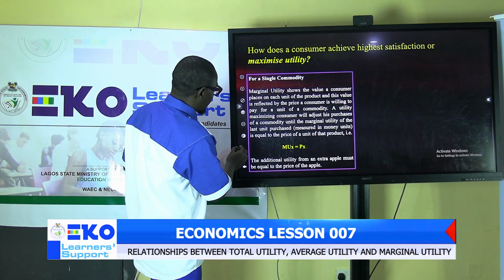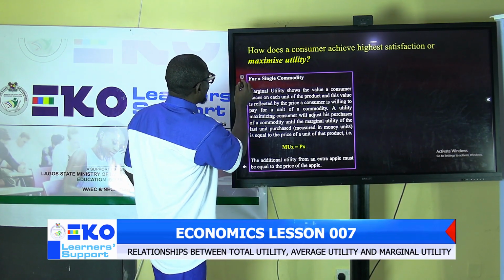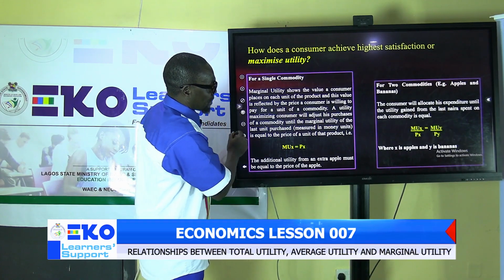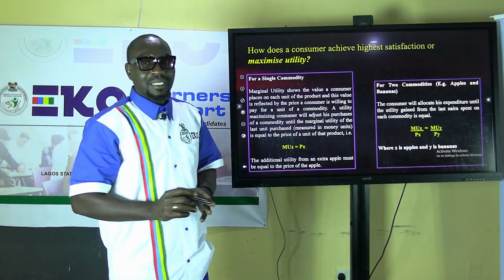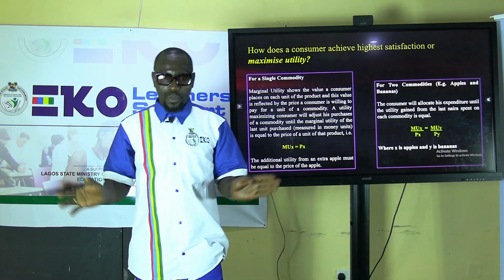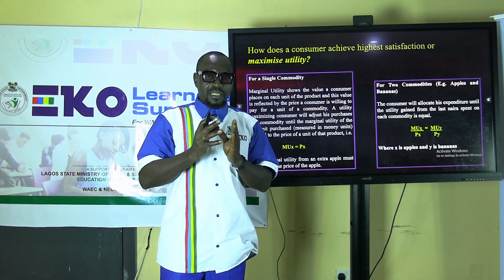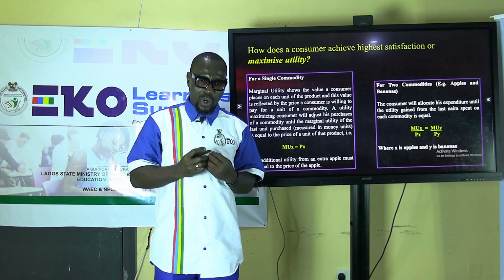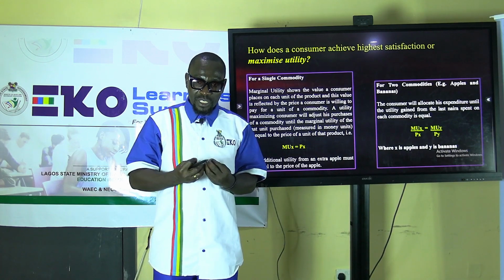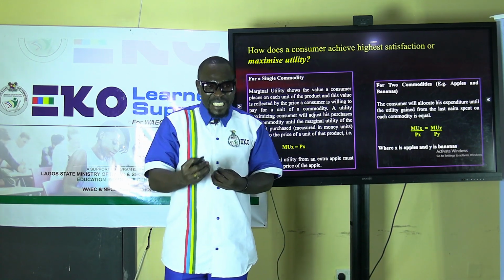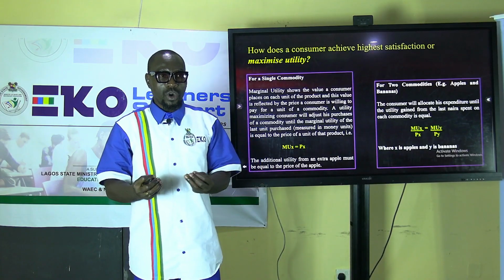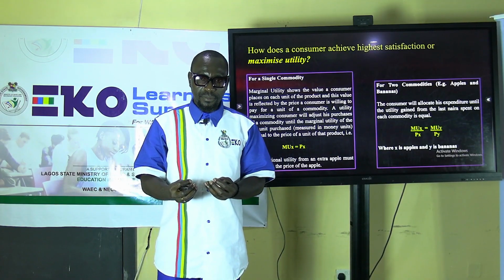The second case is for two commodities. Where you have two or more commodities, the consumer will have to allocate his income or his funds or his resources to different combinations of the different products.